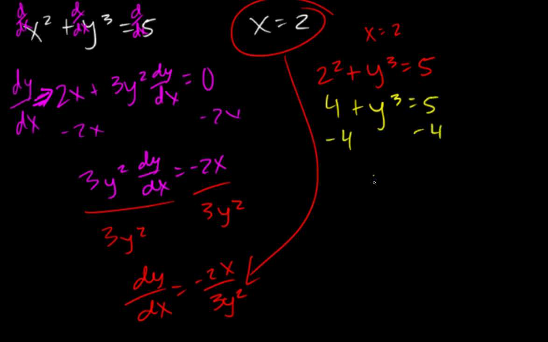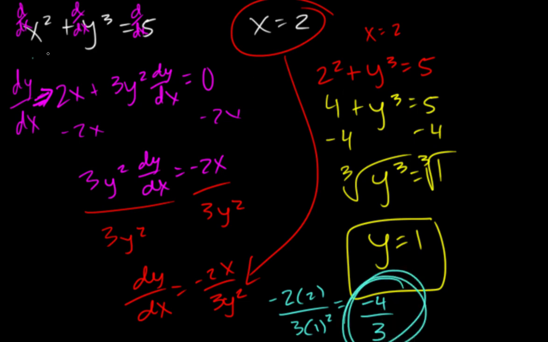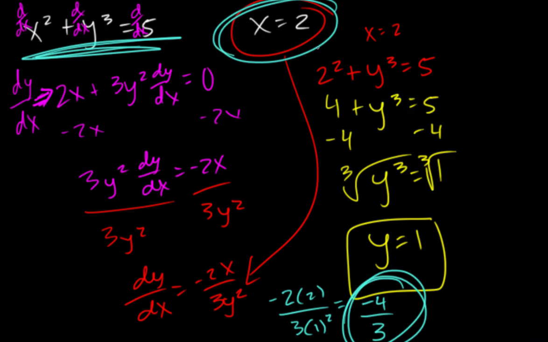Subtract 4, y cubed equals 1, cube root, so y is equal to 1. Okay, so x equals 2, y equals 1. We're going to plug those in here. Negative 2 times 2 over 3 times 1 squared. And so that's going to be negative 4 over 3, and so that's the gradient of the tangent of this at the point where x equals 2.